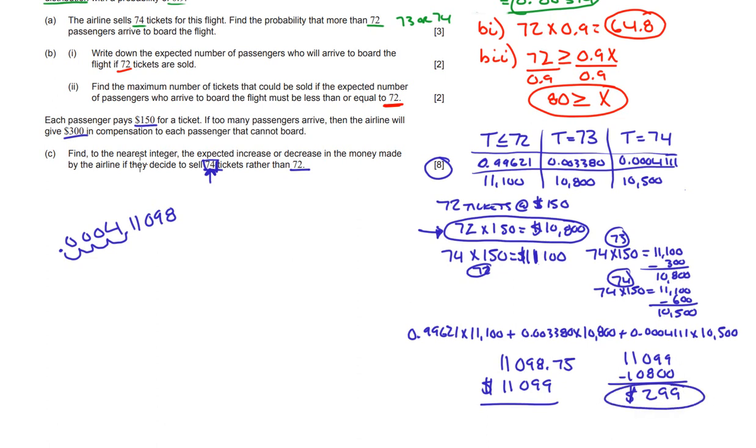So it says find the expected increase or decrease. We only wrote $299, so we're going to want to put $299 increase. Okay, money made by the airline if they decide to sell 74 rather than 72. You could also have written $299 gain. That's what the answer key has, but I'm pretty sure $299 increase would work as well.